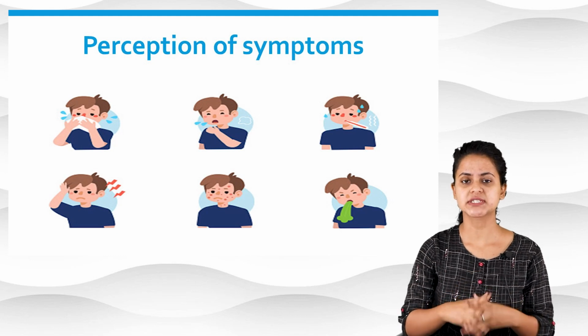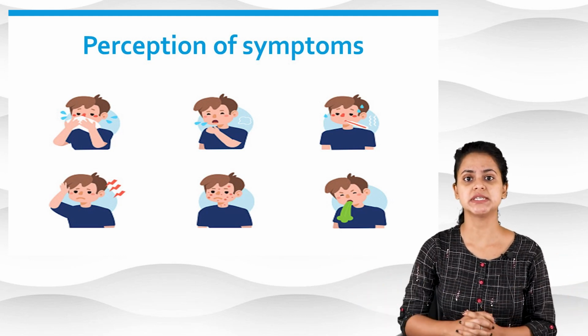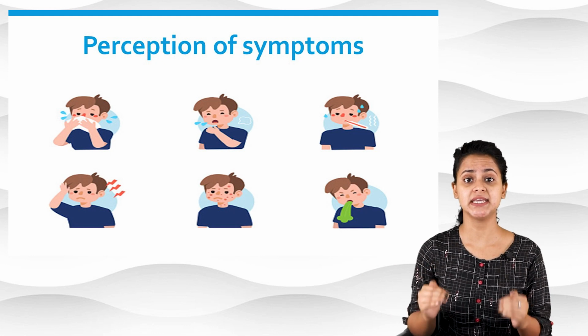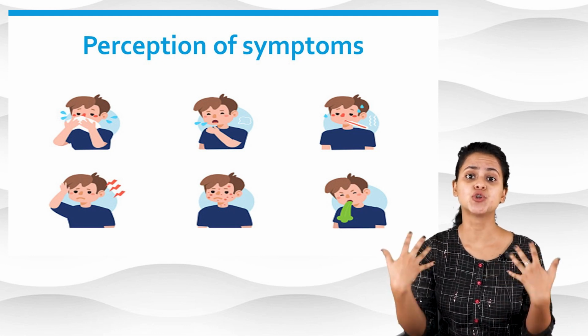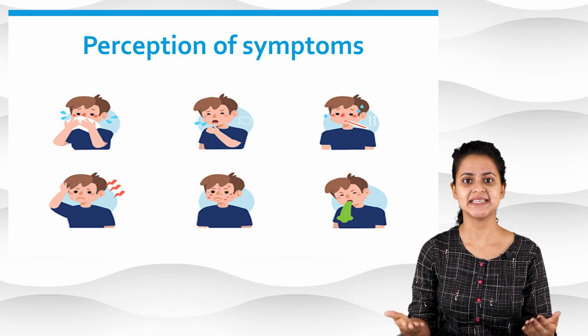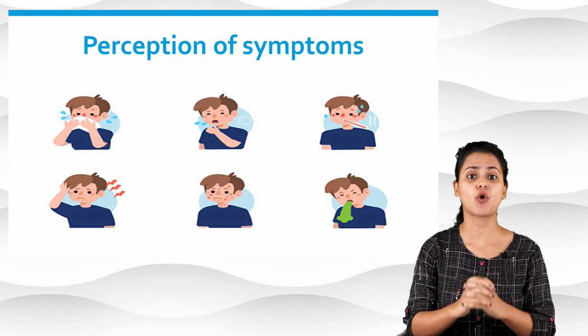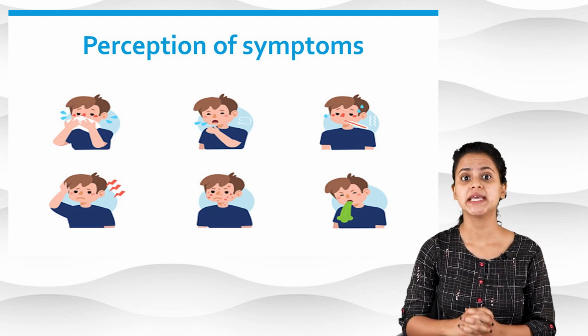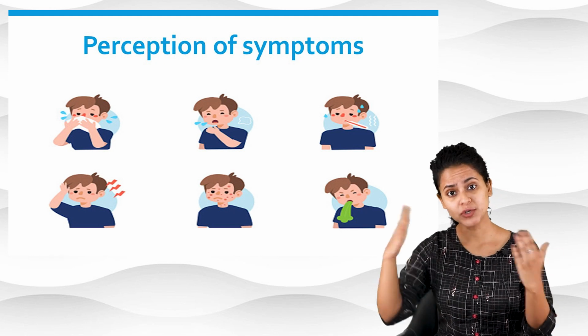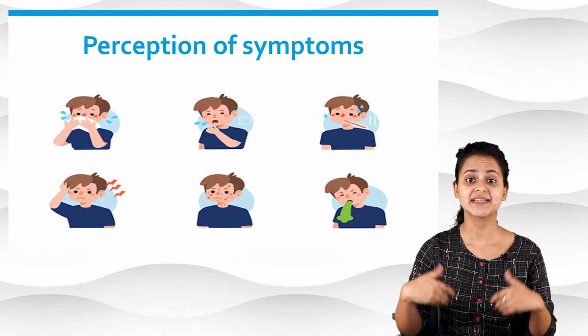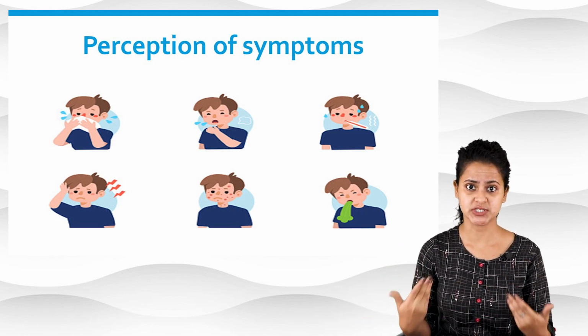Because of this positive outlook, sometimes we will be able to see the disease progression is very slow, or we can even see the cure rate of those individuals is higher than those people who have a negative outlook towards the treatment procedure.